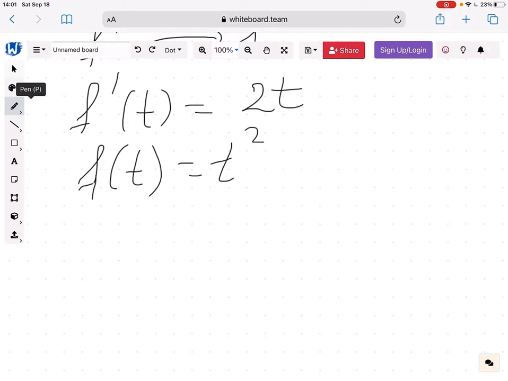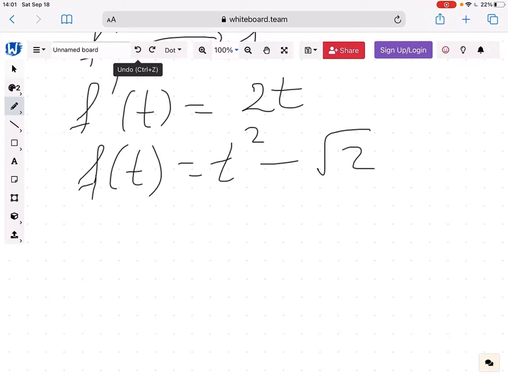But then if somebody else comes and looks at this and says, well, what about a function like this? t squared plus 3. Well, if you differentiate this again, you also get 2t. When somebody else comes, he says, well, what about t squared minus square root of 2?